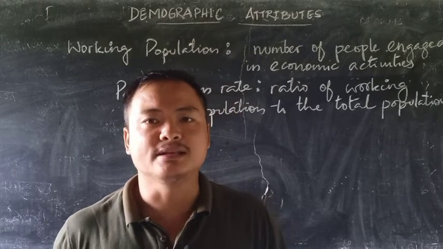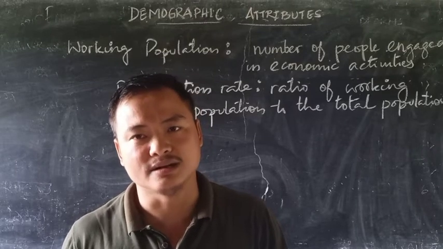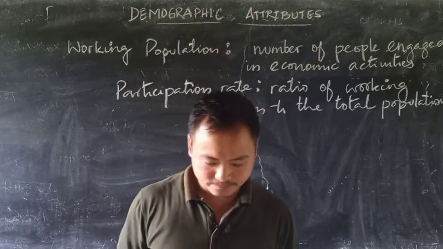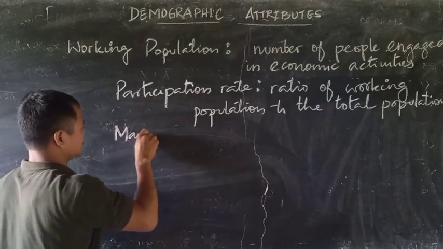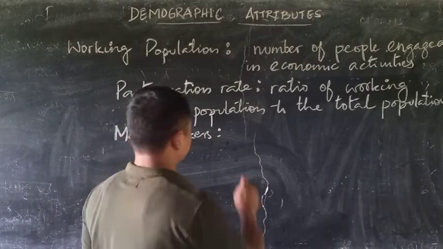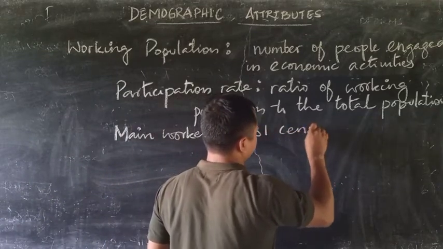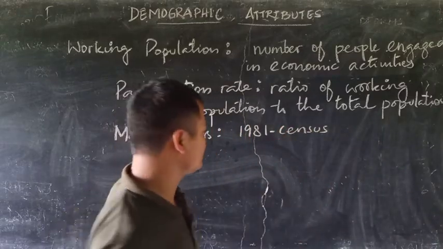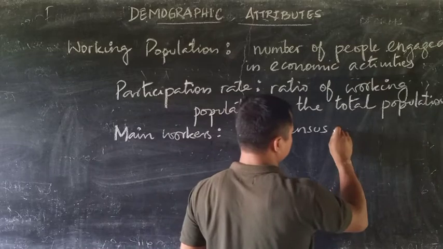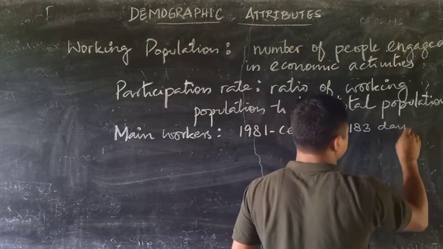Now, under this participation rate, we can find the main workers and the marginal workers. So, main workers, who are they? As per the 1981 census that was carried out in India, the main workers are the ones who worked for more than 183 days.